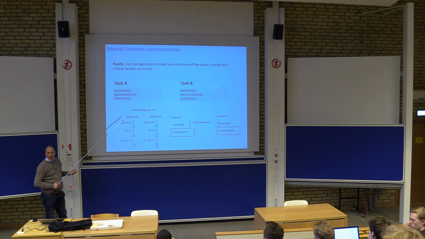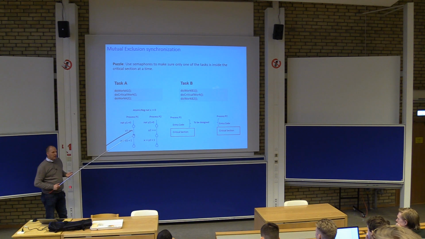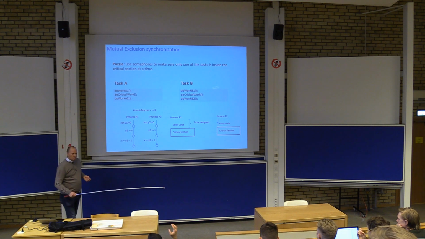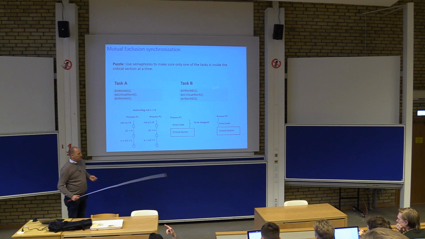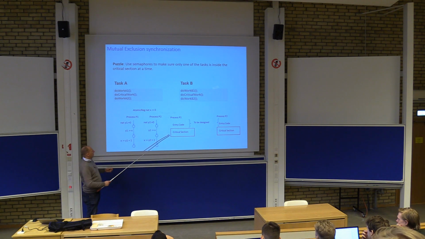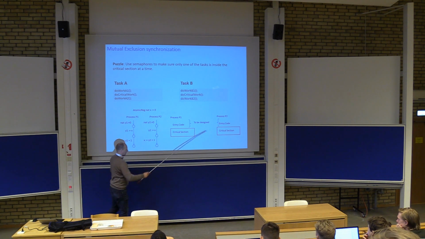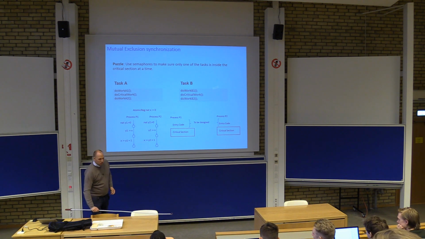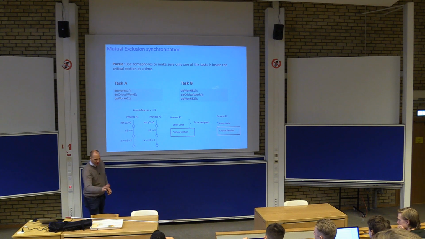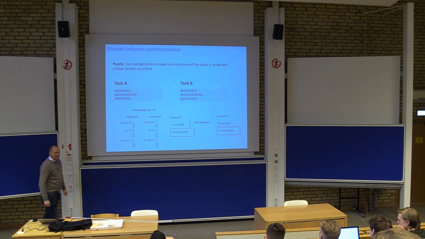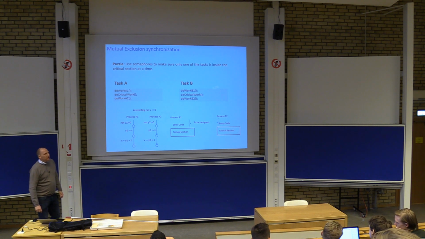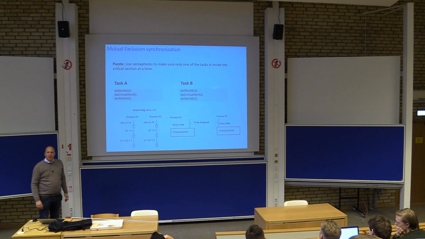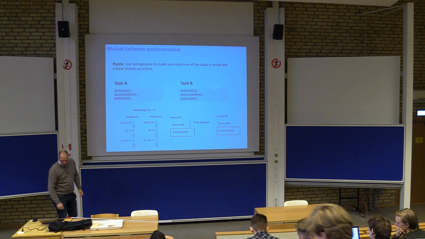What should be the initial value of the semaphores, and in which order do we execute the give and take instructions? Do we have a specific order? No, there is no order. You should just make sure that only one of them is in the critical section at a time. The ordering we already know how to do. Okay, so we take a 15-minute break and then we continue to discuss this.